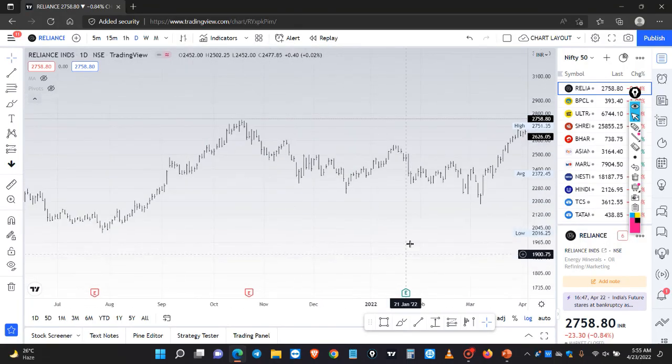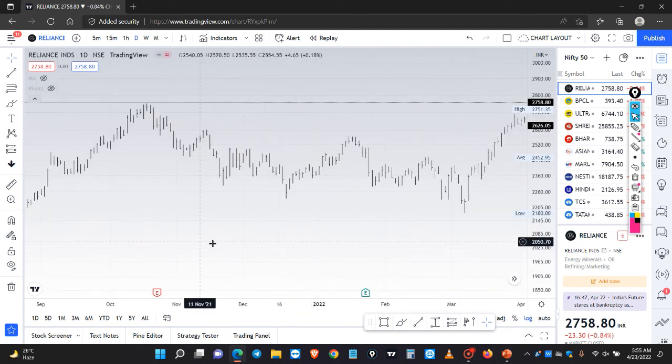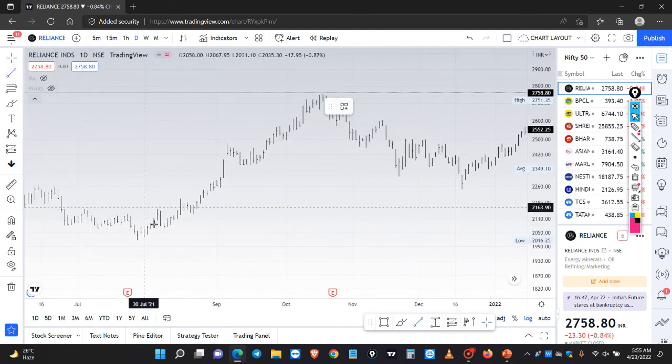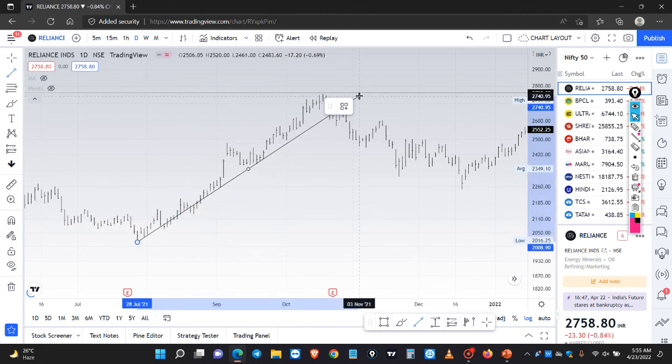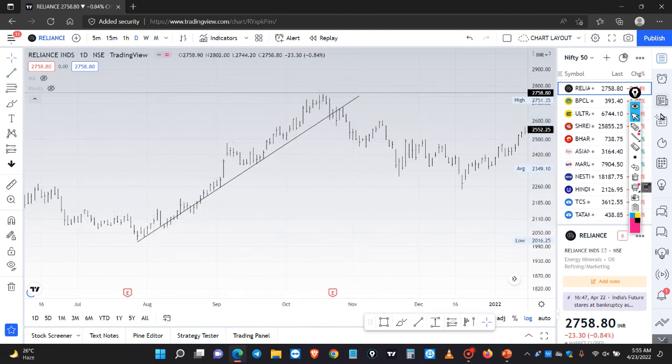Here is a chart of Reliance Industries and this is the trend line. You can see that price is respecting this trend line. It is taking support and then rebounding, taking support and going up, and taking support again, and once the support is broken it is falling down, isn't it?